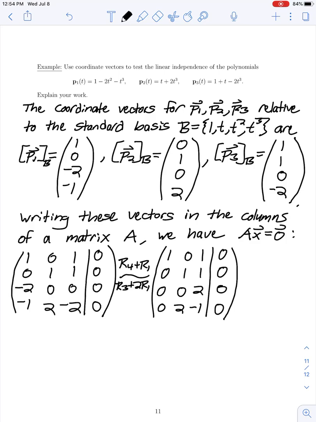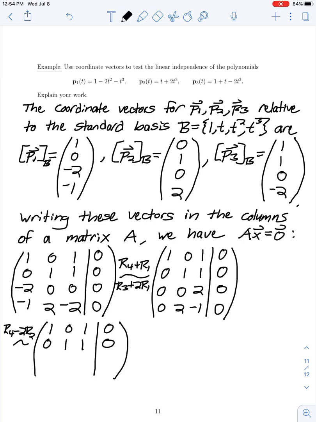All right. So now let's take row 4 minus 2 times row 2. So our first row will still be 1, 0, 1, 0. Our second row is still 0, 1, 1, 0.